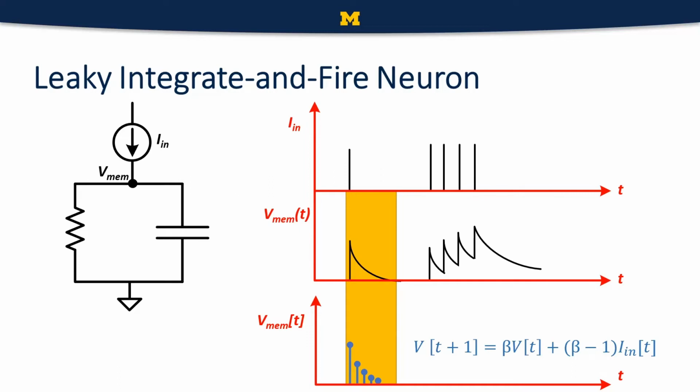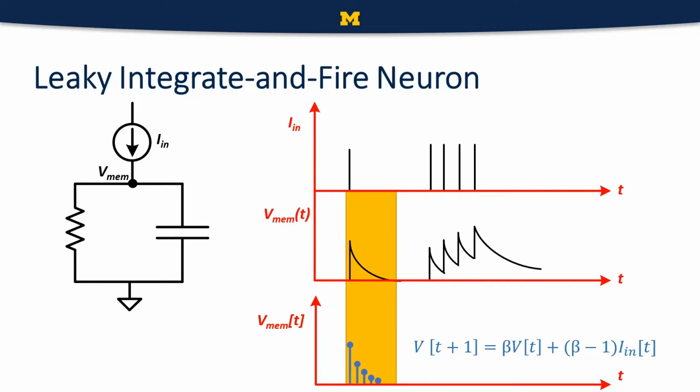So if beta is 0.5, and let's say that the first voltage value is 1, beta times 1, the next time step is going to be 0.5 volts. So it's exponentially going to decay. So 0.5, 0.25, 0.125, and it's going to exponentially decay.